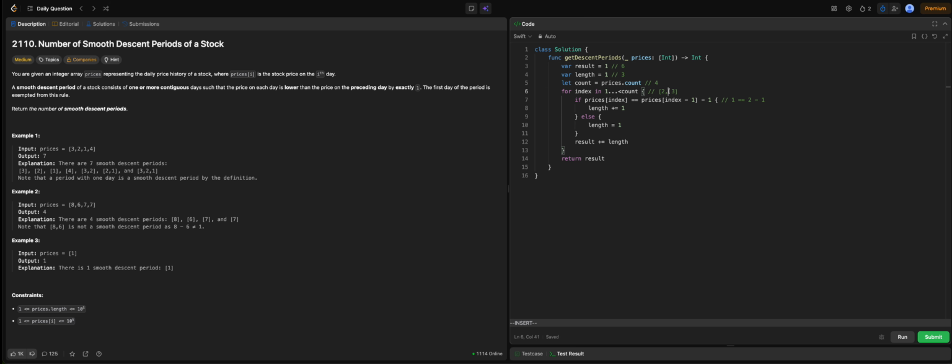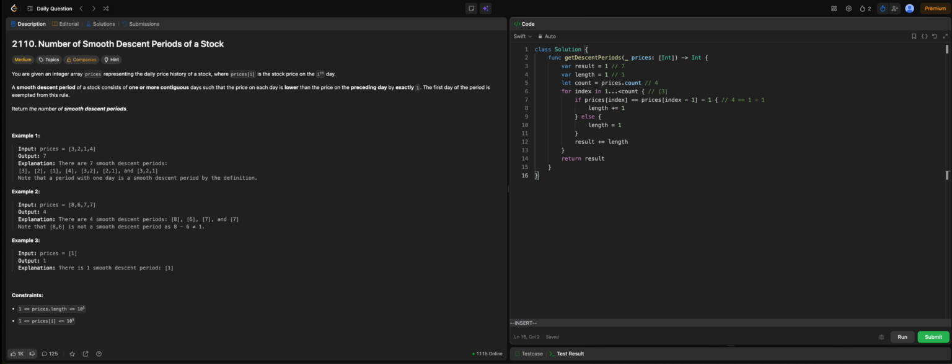And then we only have one more iteration left. Index 3, which is the last item, is just 4. And 4 minus 1, with index 3 minus 1 being 1, so 1 minus 1 is 0. So in the end we reset the length to 1. So 6 plus 1 is equal to 7. So that is how we got the 7 in here.